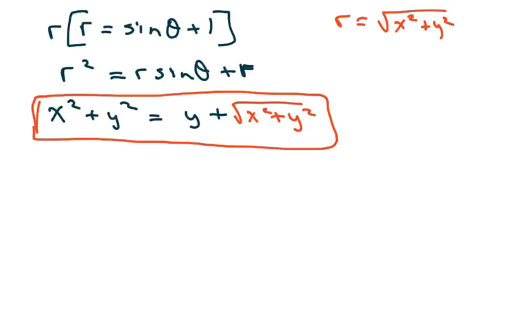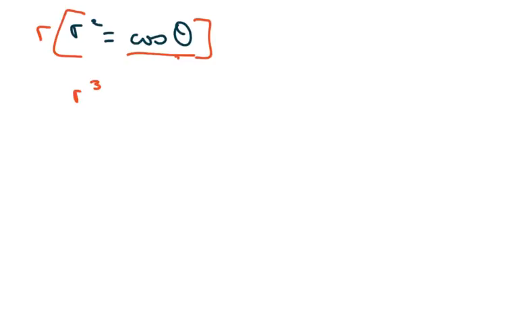Now the next one we have is r squared equals cosine of theta. Again, there's not much I can do with this cosine here. So I'm going to multiply everything through by r, and I get r cubed equals r cosine of theta. Now, I want to make an r squared here.